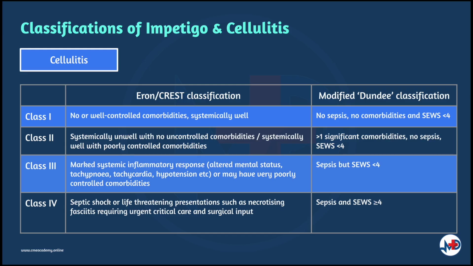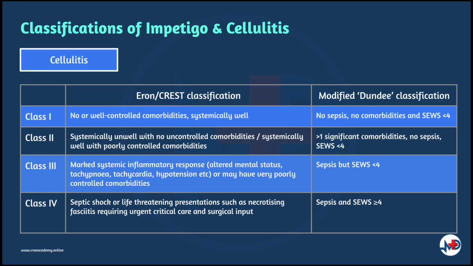In Class 3, there may be marked systemic inflammatory responses such as altered mental status and tachycardia or very poorly controlled comorbidities affecting the patient's response to treatment or even having a limb-threatening infection.